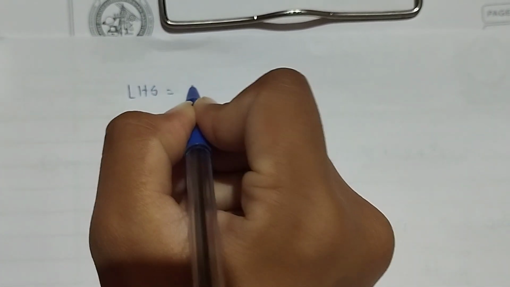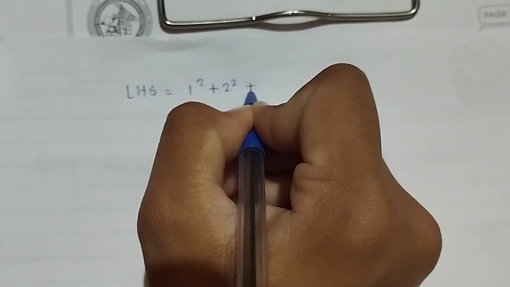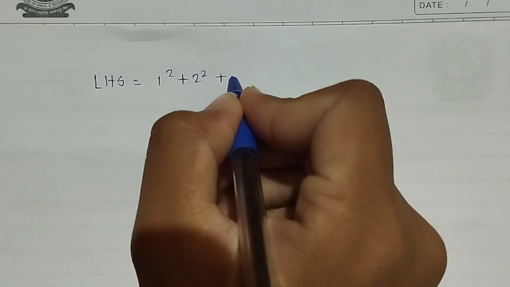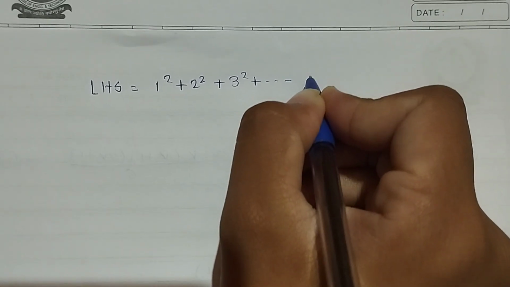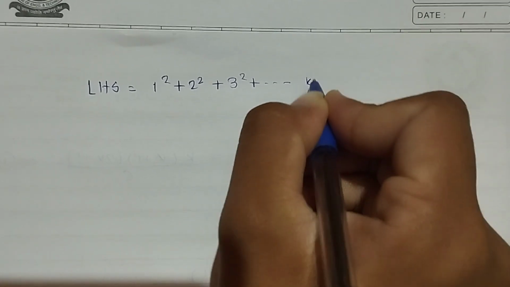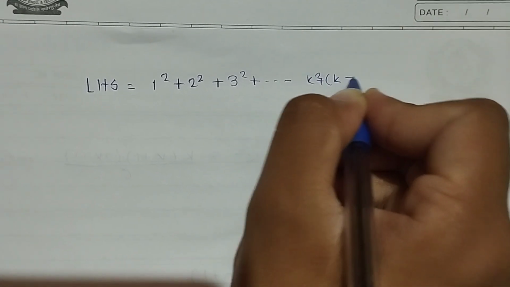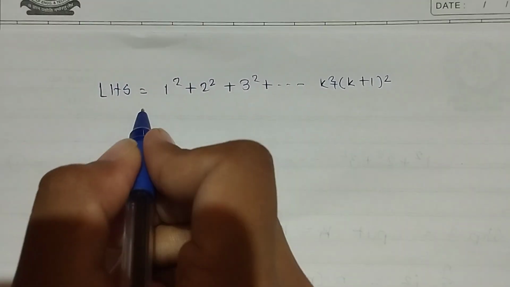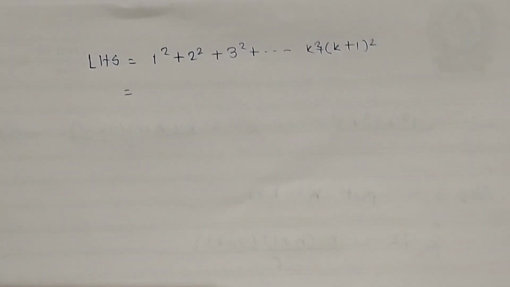So LHS is equal to 1 squared plus 2 squared plus 3 squared plus up to k squared plus (k plus 1) squared. This is nothing but what we proved here in the previous step.